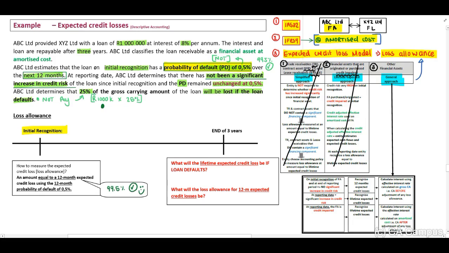Okay. Therefore, we will recognize a loss allowance equal to the 12-month expected credit loss using the 12-month probability of default of 0.5%.